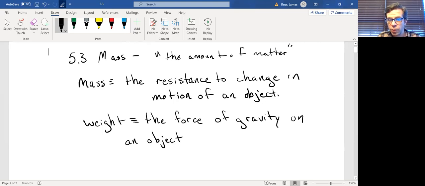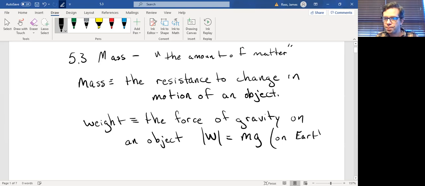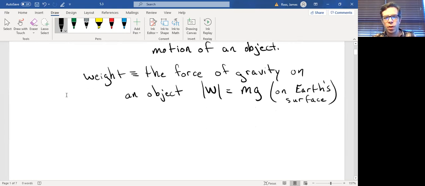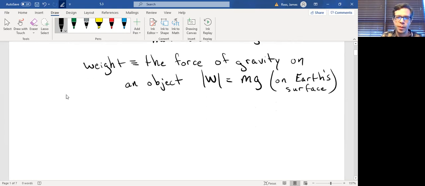And we said that that's equal to, if I call W weight, the magnitude of weight is m times g on the surface of the Earth. If we were on another planet or out in space, or we're talking about the force of gravity between two objects other than the Earth and something, then it's different. We'll talk more about that in a later section.